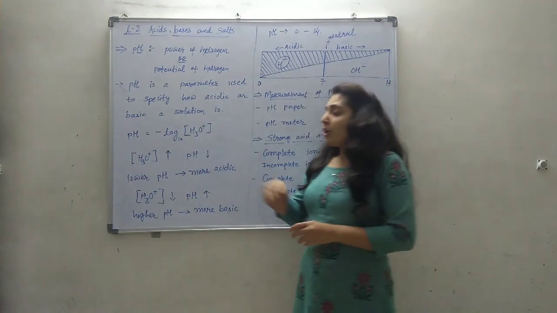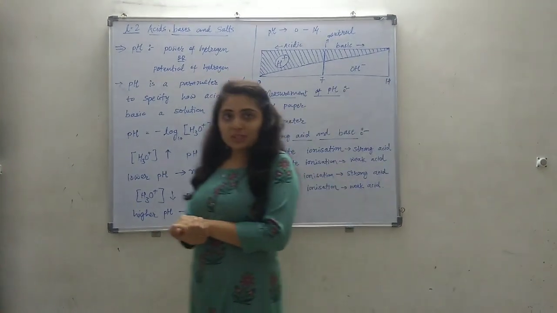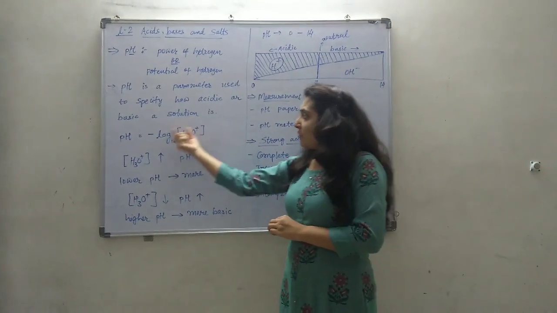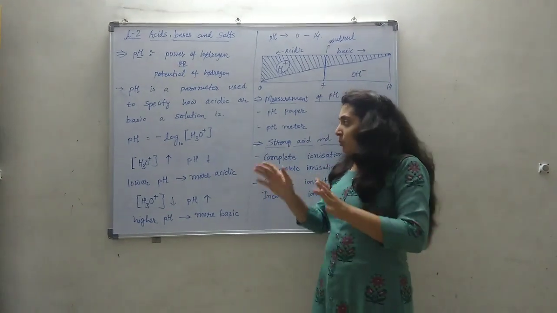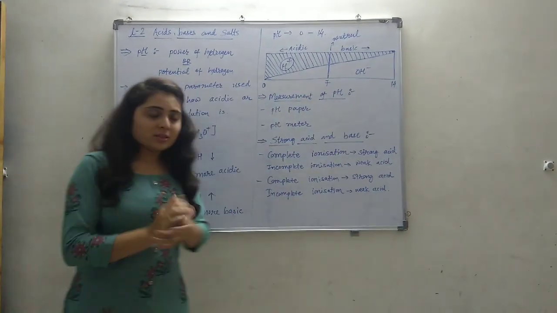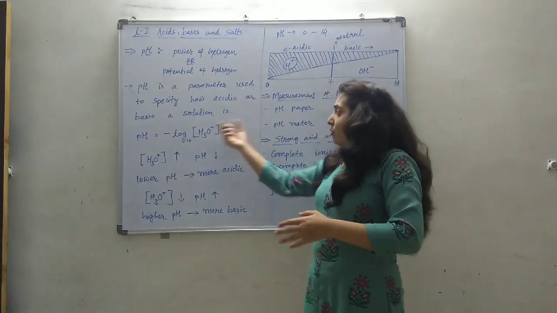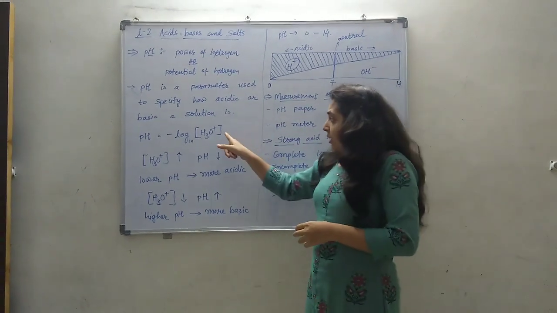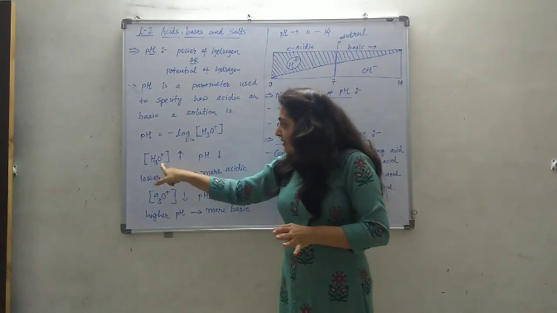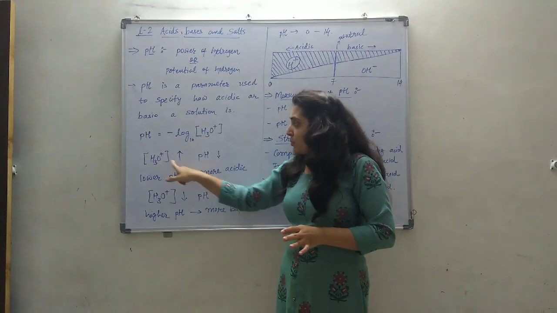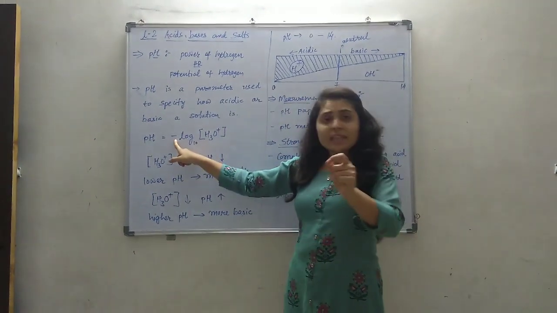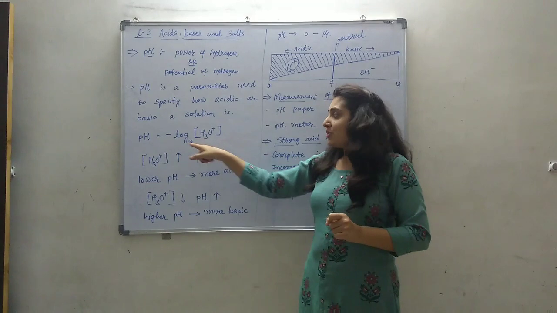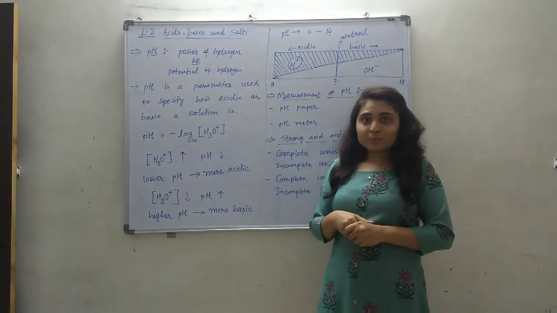If we know the concentration of H plus ion in a solution, we can calculate the pH. We are not going to calculate it in our syllabus, but by putting different values of H plus ion, it is observed that as the concentration of H plus increases, the pH value decreases.